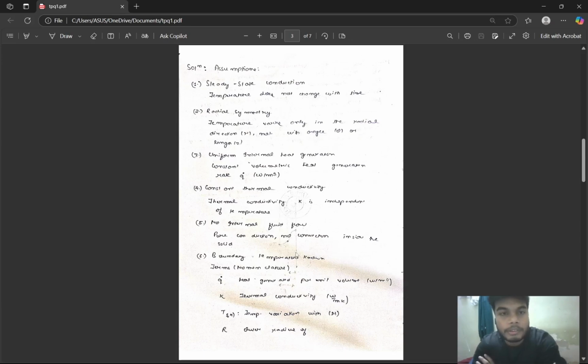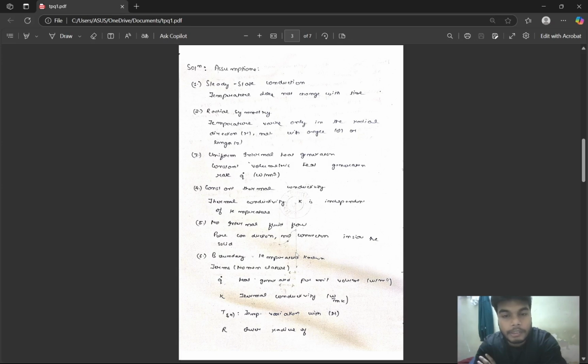Now, for the solution of this question, first we will show the assumptions. First, steady state conduction, because temperature does not change with time. Second, radial symmetry: temperature varies only in the radial direction r, not with angle theta or length z.